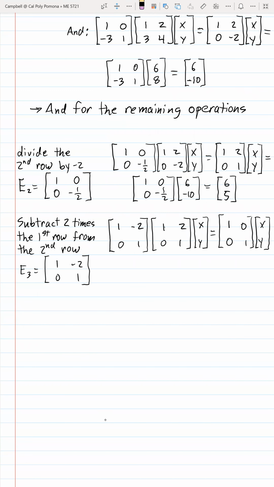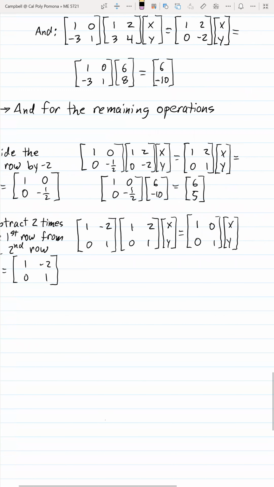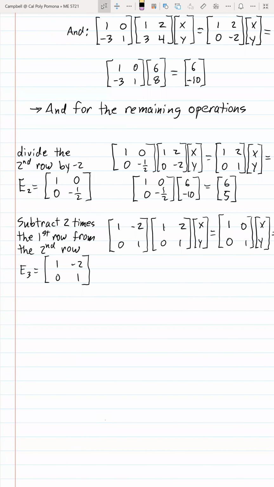We have the identity matrix, and having the identity matrix there isn't something that just happened by chance, as you will see here momentarily. That's exactly what we were expecting, which is why I wanted to push this example one step further to what we would have considered reduced row echelon form using an augmented matrix.